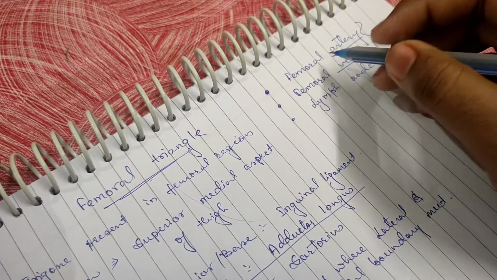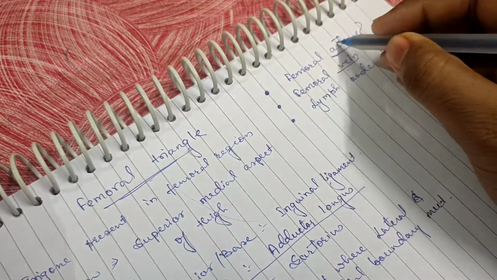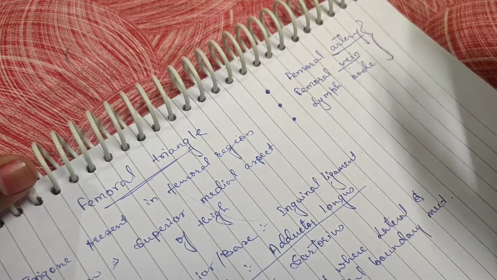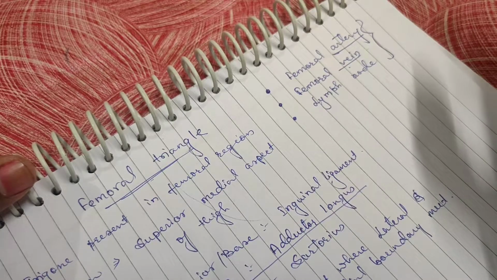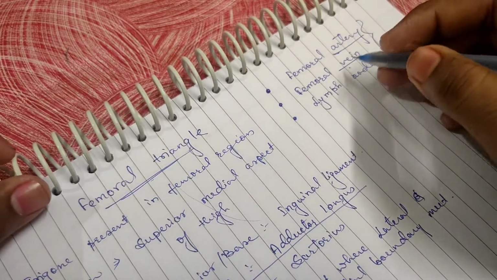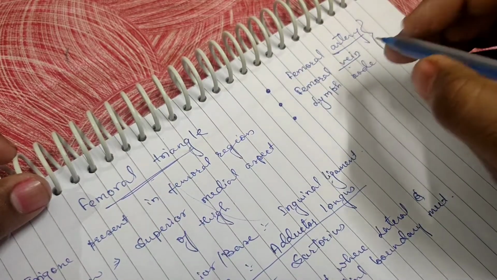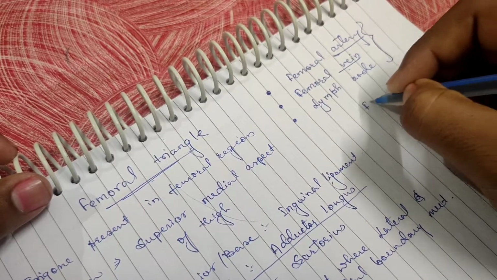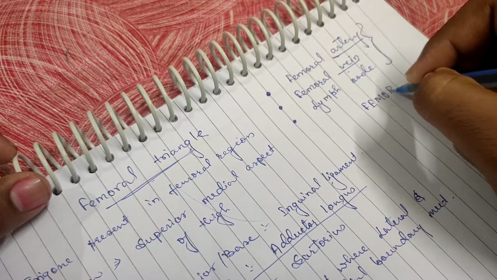So there is a huge pressure in these vessels. In order to hold them in place, these three contents are tied together by the femoral sheath.